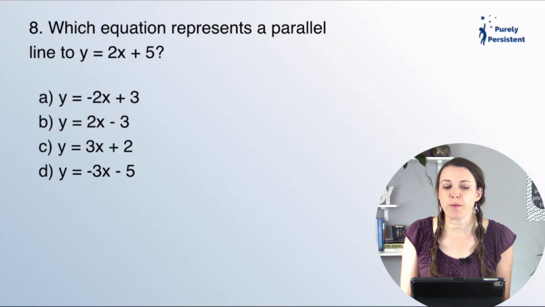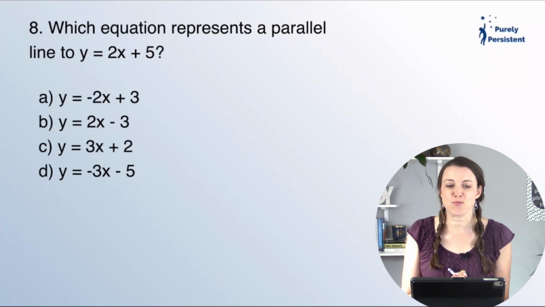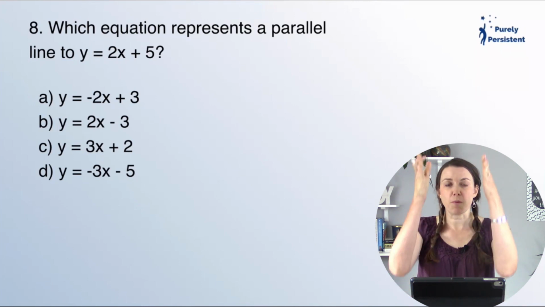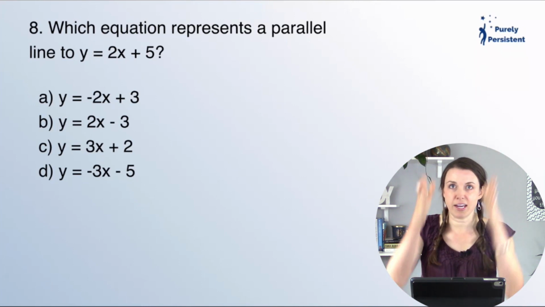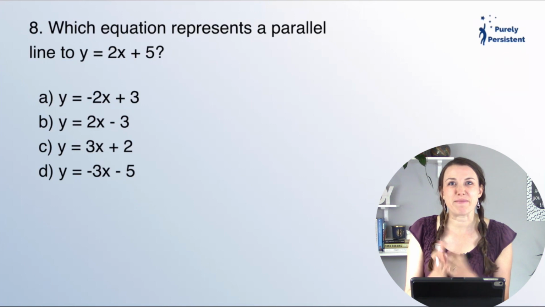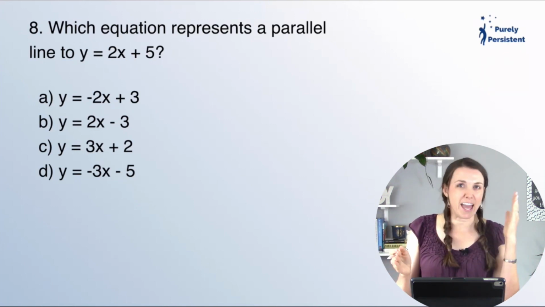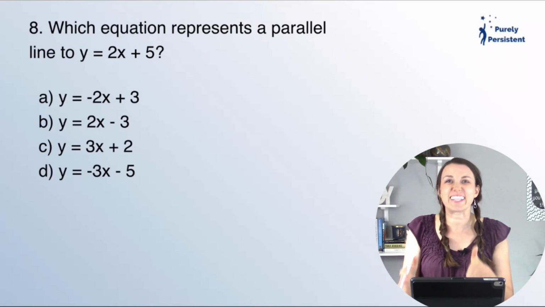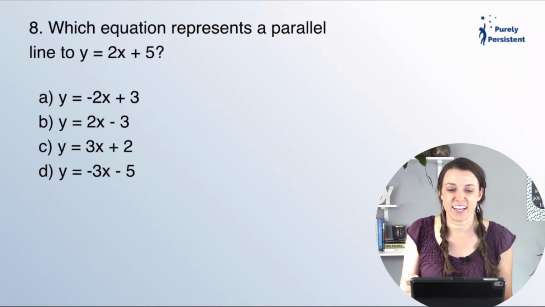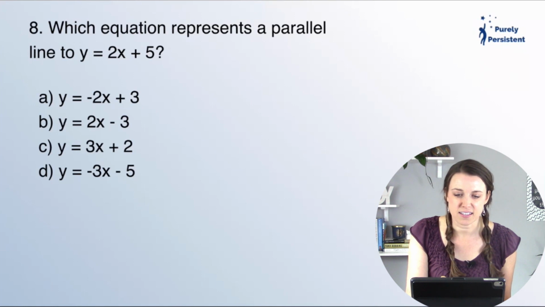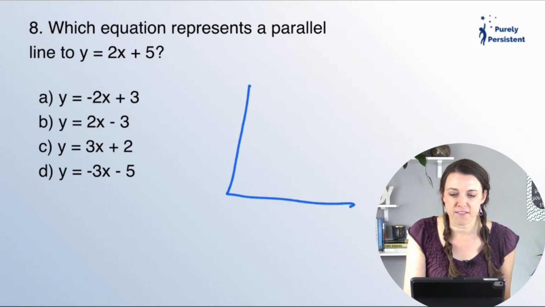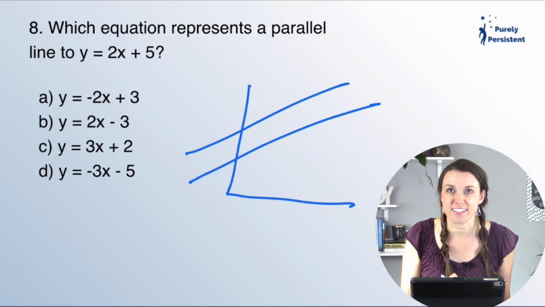Which equation represents a parallel line to y equals 2x plus 5? Okay, so remember, parallel means like right next to each other, okay? So maybe 2 different streets are parallel. You have A street and B street, right? They go right next to each other. They're parallel lines. So in this case, I might have, here's a line and here's a line, okay?